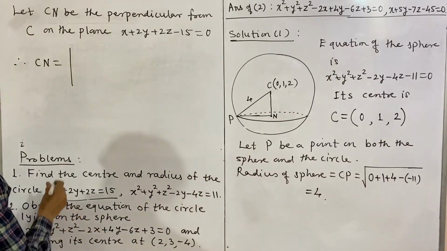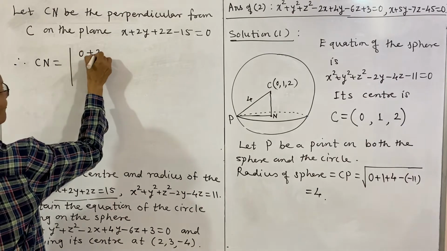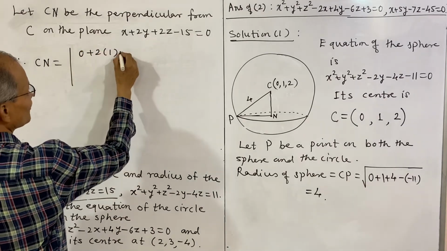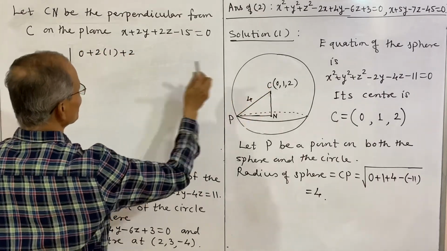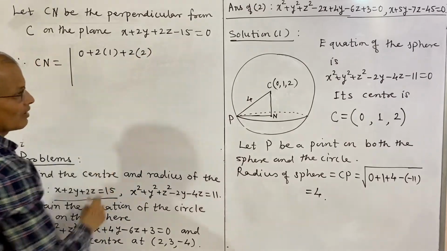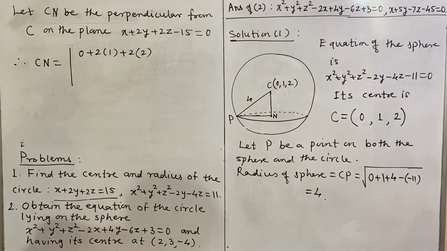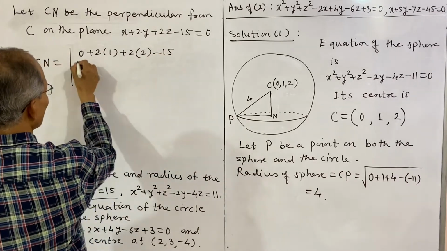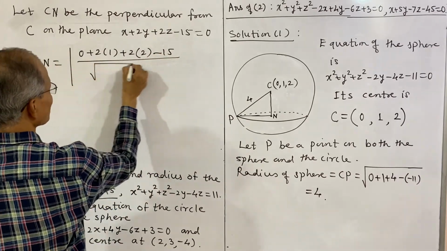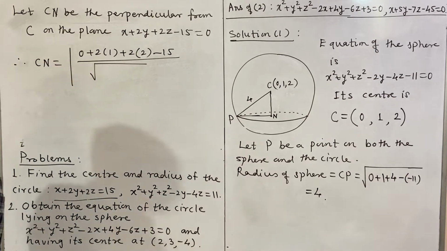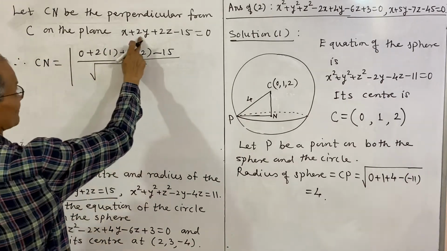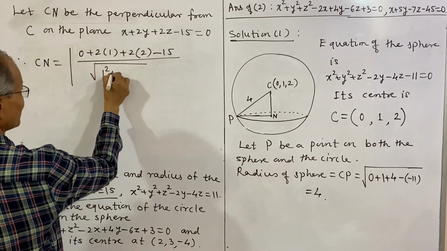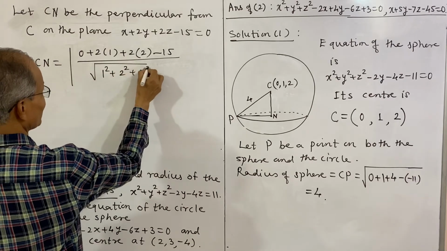So that is x is 0 plus y is 1 and plus 2, z is 2. This is the formula for distance between a point and a plane. Minus 15 will be the same, divided by the square root of the sum of squares of the coefficients of x, y, z, that is 1 square plus 2 square plus 2 square.